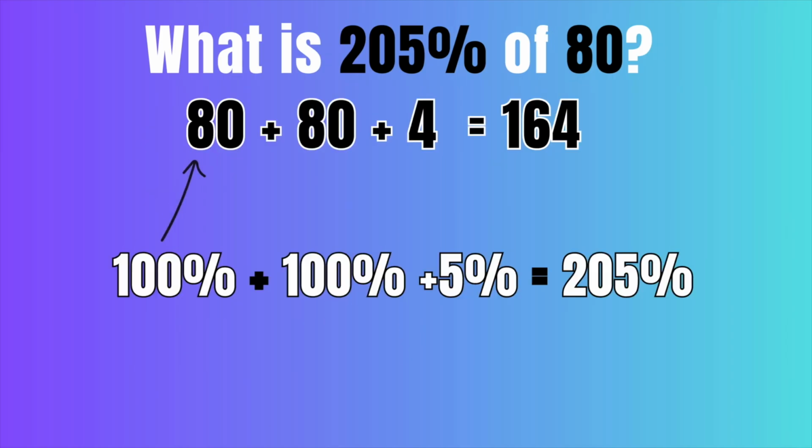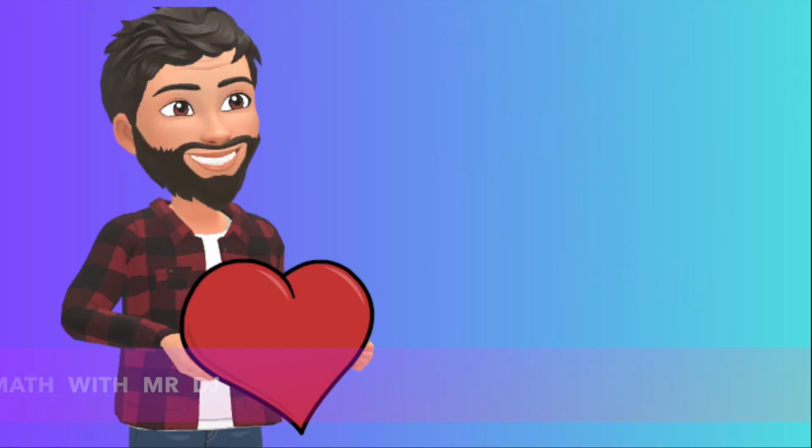And 100% plus 100% plus 5%, that's 205%. We just add all of this up. We get 80 plus 80 is 160 plus 4, 164. So what is 205% of 80? It is 164.